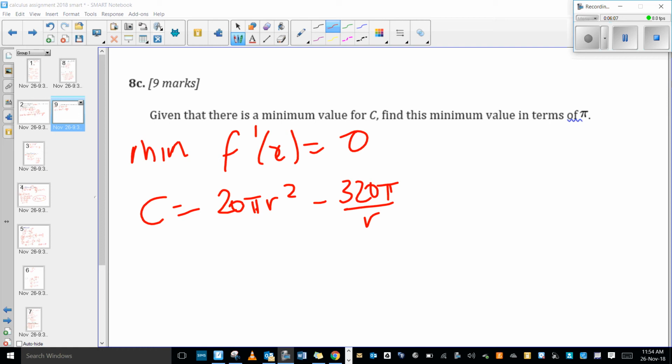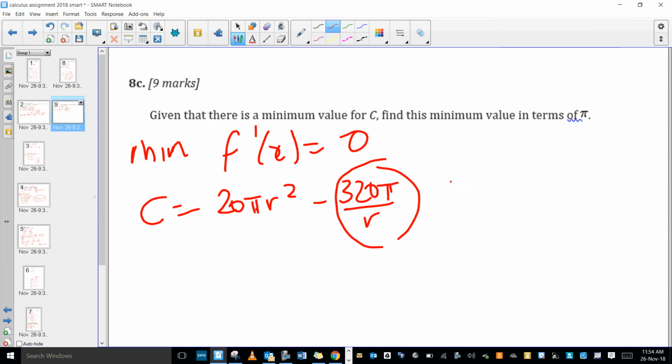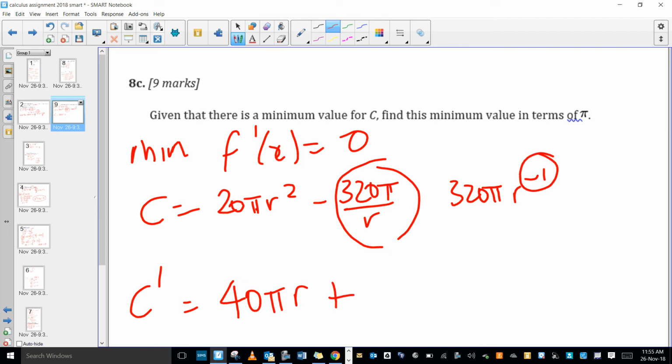We're finding the minimum value, so we first of all need to write this as a power, so that would be 320 pi r to the negative 1, and then we're going to differentiate, so that is 40 pi r plus, because our negative 1 multiplied by a negative here, so that's plus 320 pi r to the negative 2.